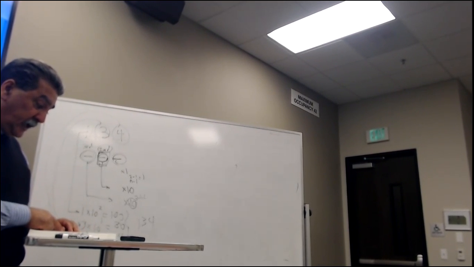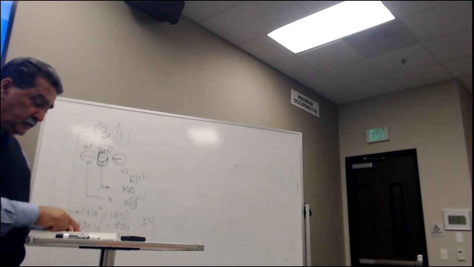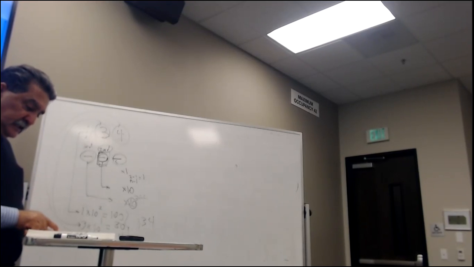Otherwise, there's nothing you can do. And you also need the positional values you see at the top in those gray boxes: 1, 60 to the power 1, 60 to the power 2, 60 to the power 3.